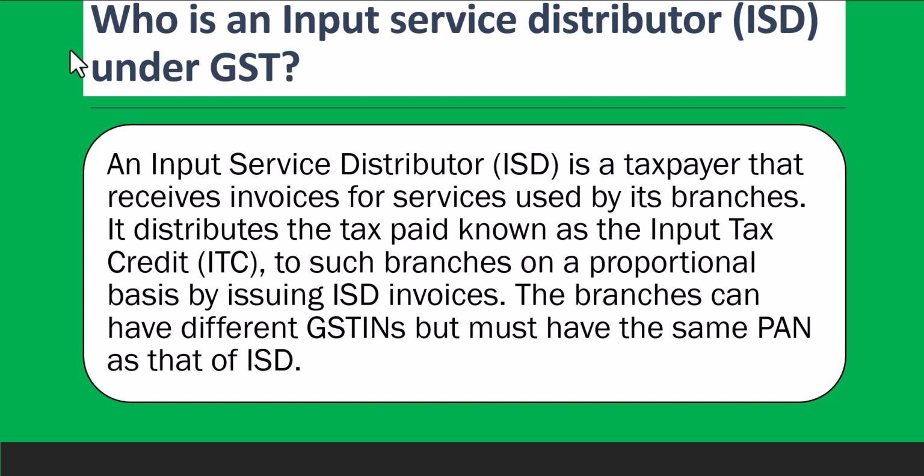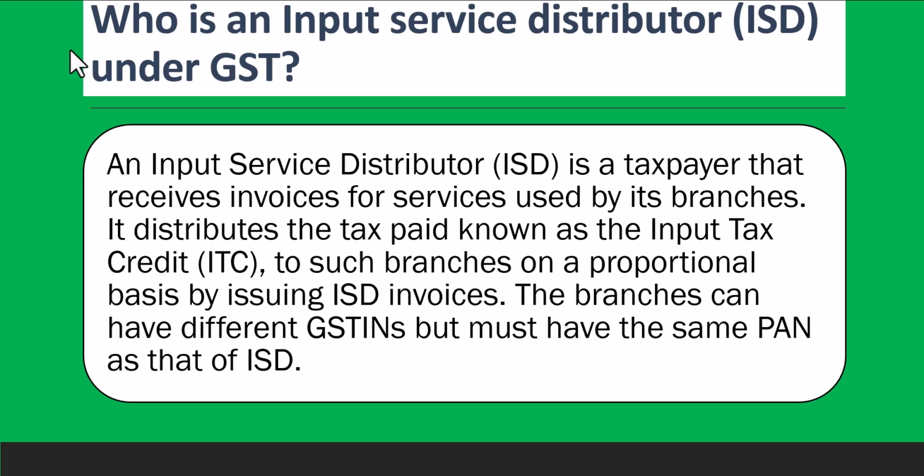The head office is going to receive a bill from the TV broadcasting company, and then the head office is going to raise GST invoices to all the branches, so that the head office is not going to take any input tax credit. They are going to pass on that input credit to all the branches.